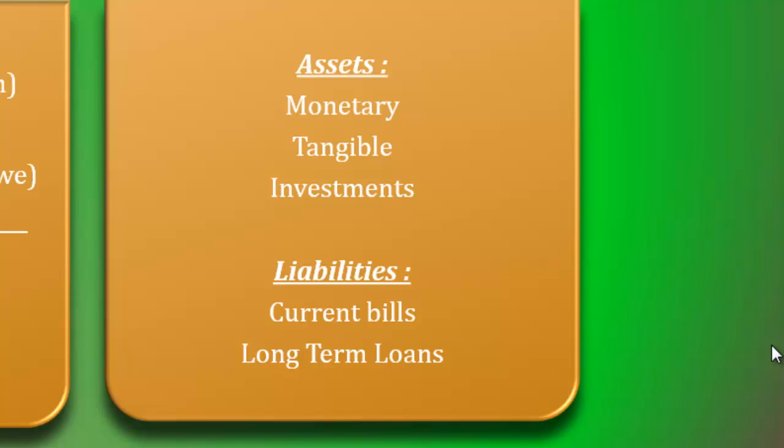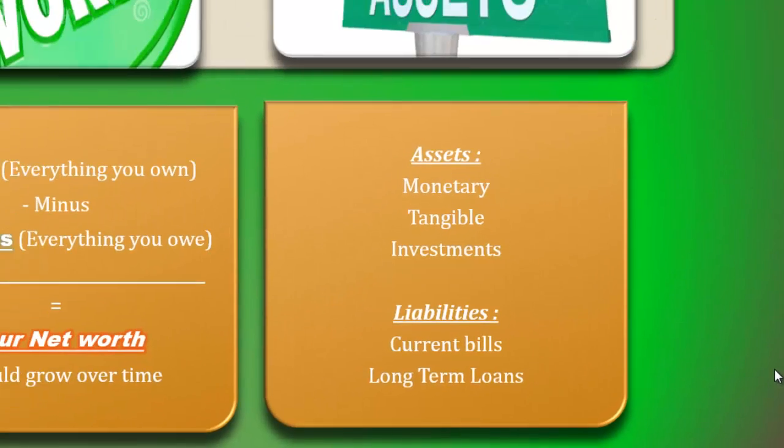They're the things that we pay over a long time, usually over 10 years, or even over 1 year, 12 months, can be considered a long-term loan. So you definitely want to get that paid. Your education expenses, that is also included in your long-term loans.